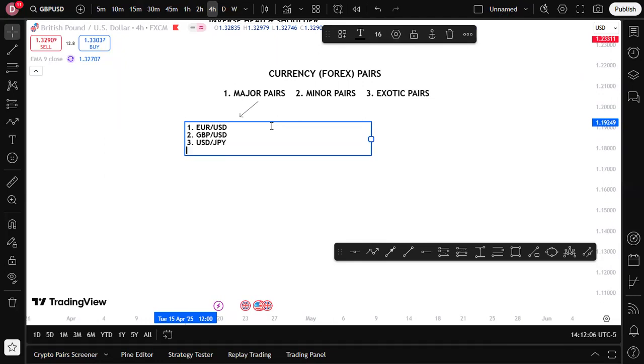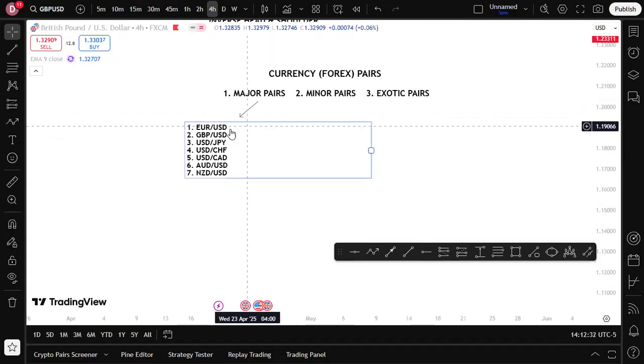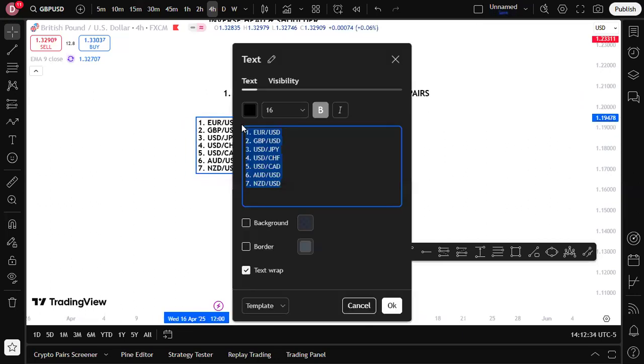The fourth one, the USD versus the Swiss franc. The fifth one, the USD versus the Canadian dollar. The sixth one, the Australian dollar versus the US dollar. And then the seventh one, the New Zealand dollar versus the US dollar. So these are the 7 major currency pairs that are traded against the US dollar.